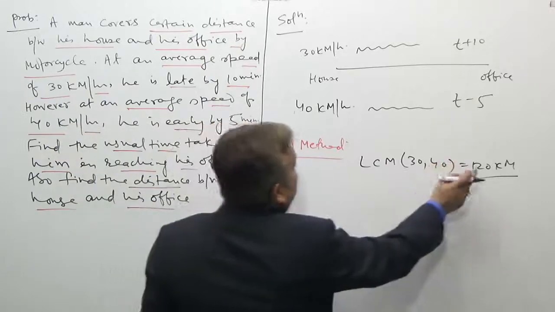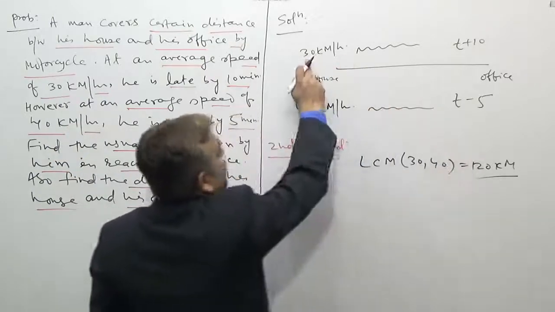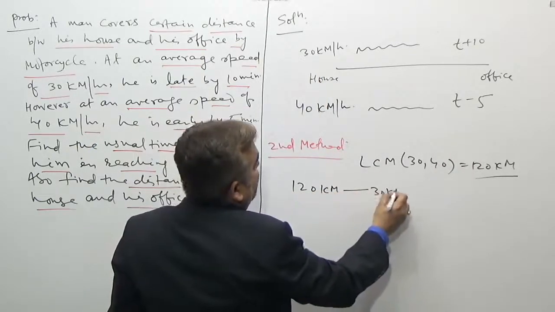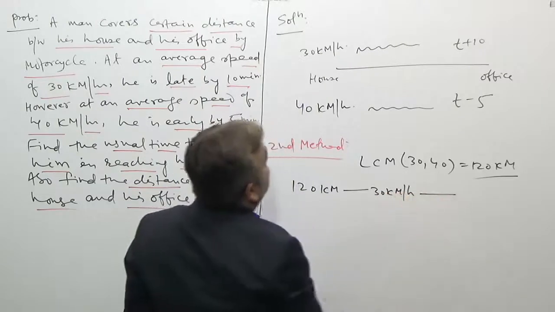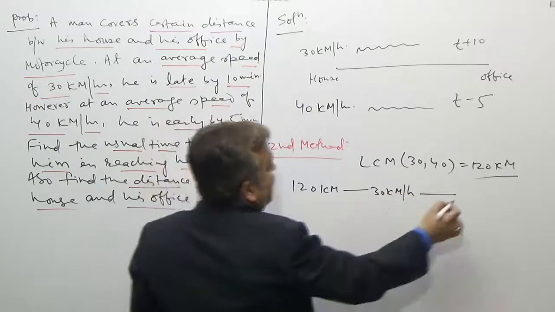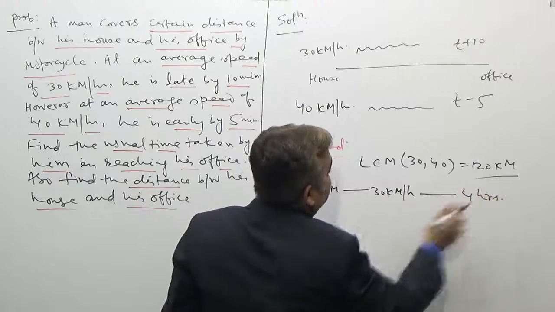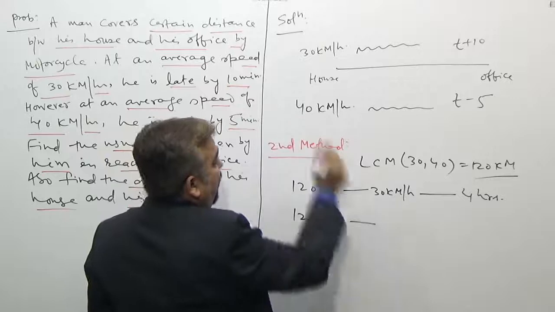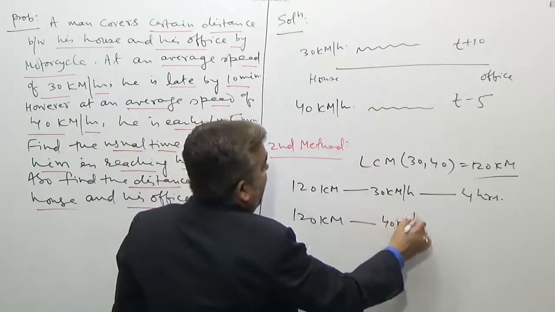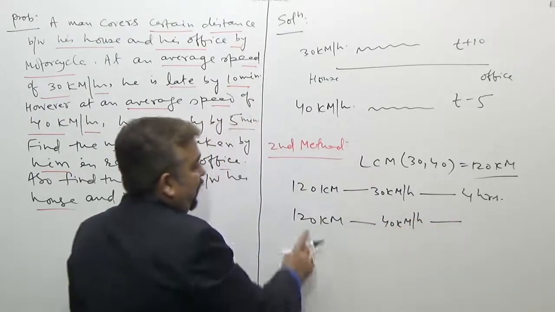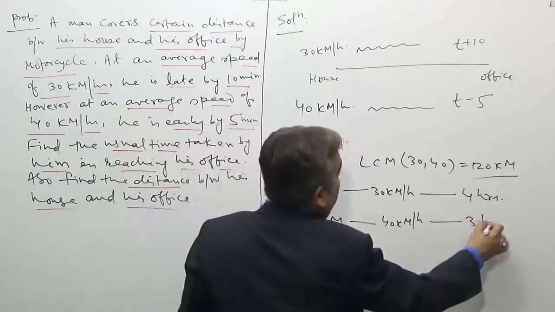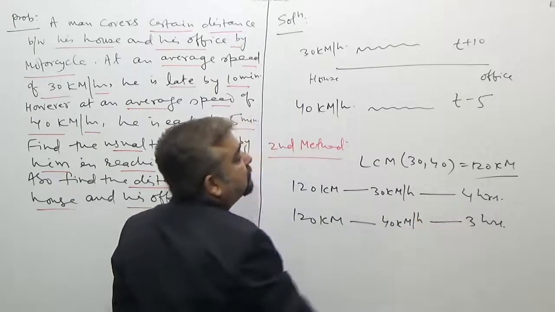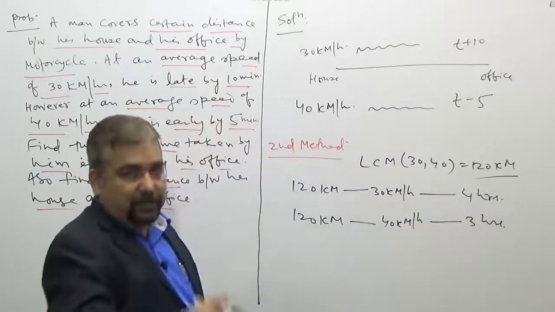Now, for covering 120 kilometers with the speed of 30 kilometers per hour, how much time is taken? 120 by 30, that is 4 hours. And for covering 120 kilometers with the speed of 40 kilometers per hour, how much time is taken? 120 by 40, that is 3 hours. So, difference between time is 1 hour, or you can say 60 minutes.